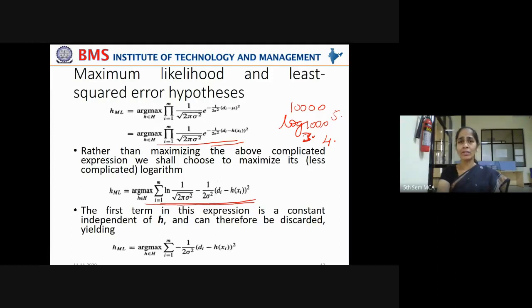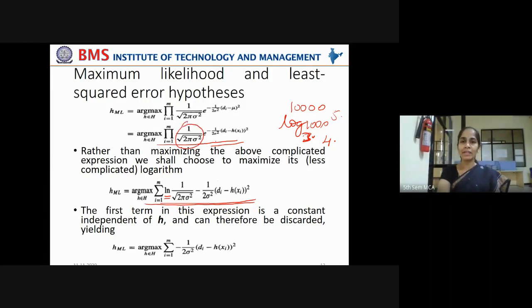When you apply a logarithm to a product of values, you sum them up. So it has become sigma i equal to 1 to m. Applying the log, ln of 1 by square root of 2 pi sigma square, you take this term as it is because it is a constant.